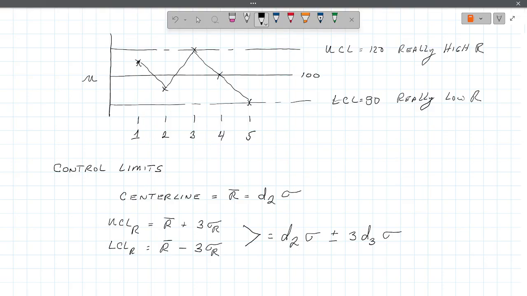Okay, I got some notes to fill in here, so let's do this. Sigma R equals D3 sigma.